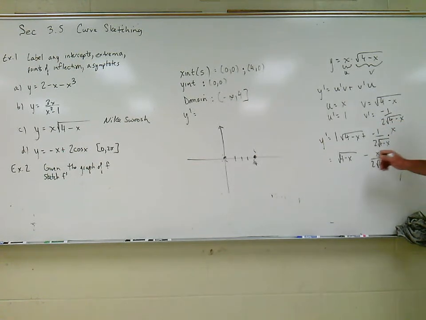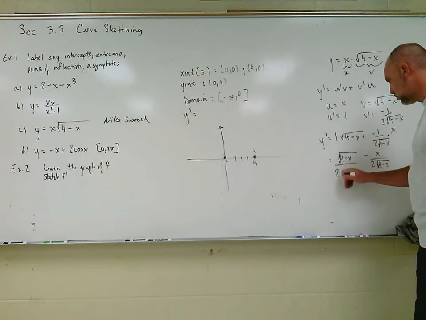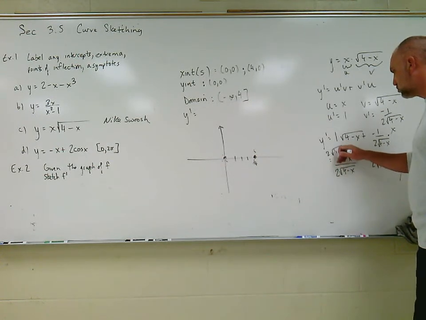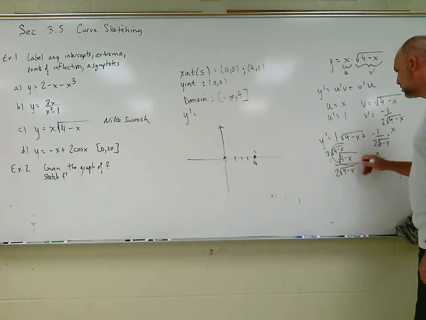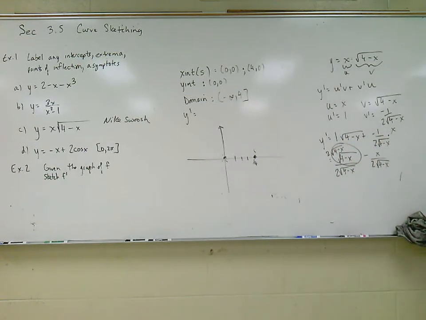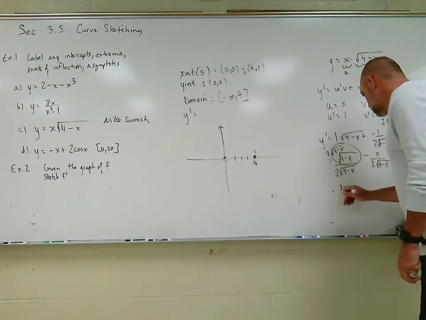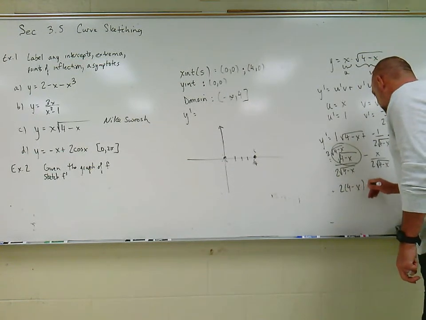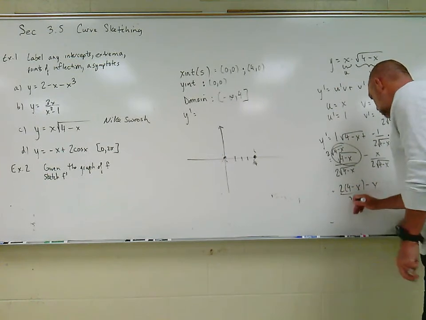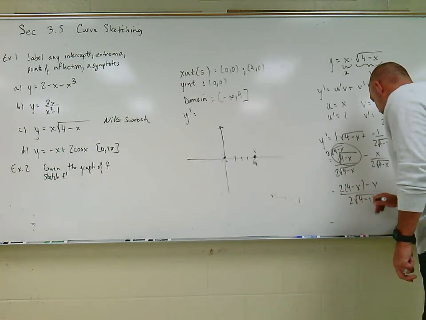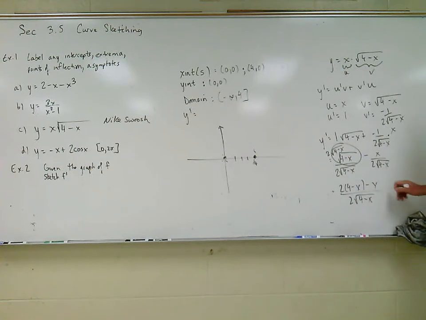Okay? So I'm going to go ahead and get a common denominator of 2 square root of 4 minus x. Multiply this guy by 2 square root of 4 minus x. That way, when these 2 things multiply, you just lose your radical and you get 4 minus x. So you have 2 times the quantity 4 minus x over 2 square root of 4 minus x. And let's see what we get.